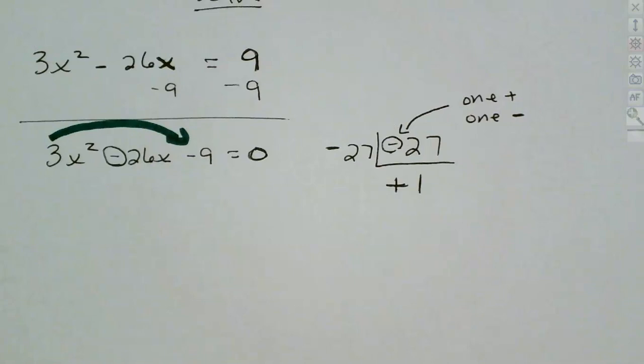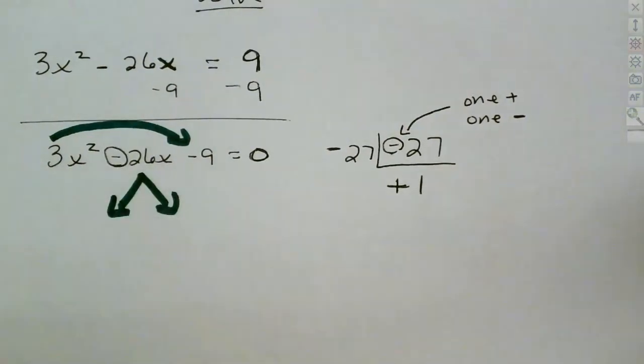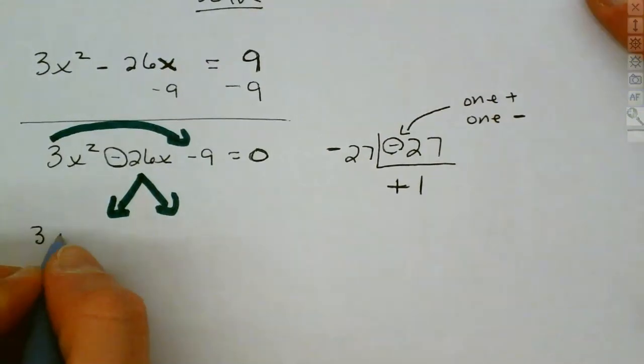Negative. Now, this one's a little bit different from the others. The others, we were able to jump directly to our factors, right? This one's going to require us to factor by grouping, so it has an extra step. So we're going to split the middle up. We keep the 3x squared. That stays the same.